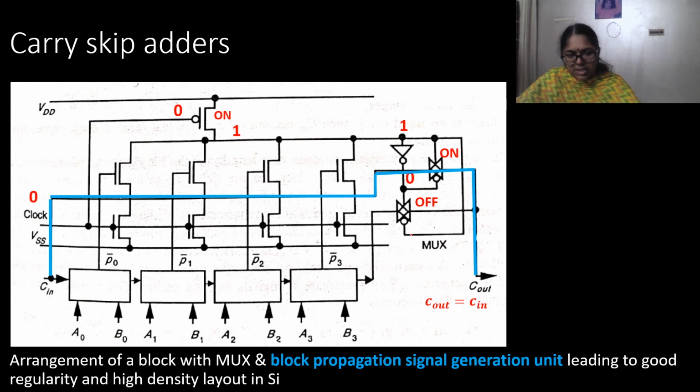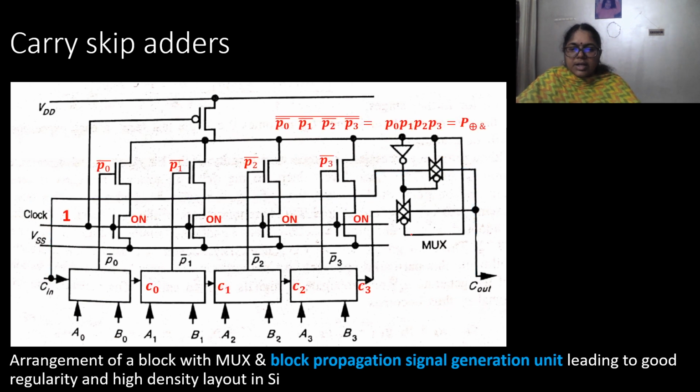So Cin will pass to the output, or Cout is equal to Cin. Now if the clock is equal to 1, the PMOS transistor is off. So now the NMOS transistor circuitry is going to control the output.